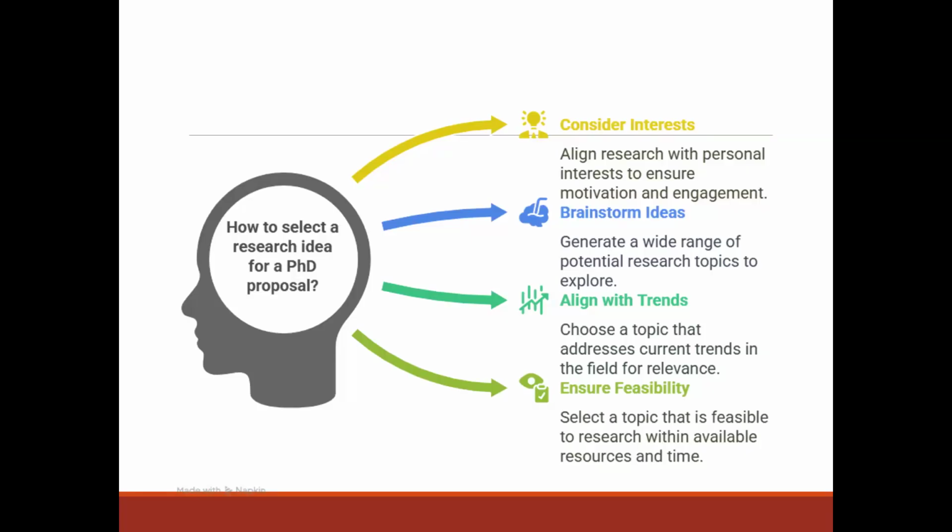Okay. Then also align with the trends. So choose a topic that addresses current trends in your field for relevance. In my field of fisheries and aquaculture, for example, we are now moving into eDNA, that is for capture fisheries, that is fish in the lake. But in aquaculture right now, the most painful thing is fish feeds.